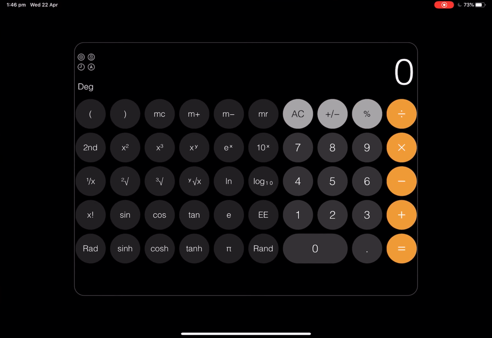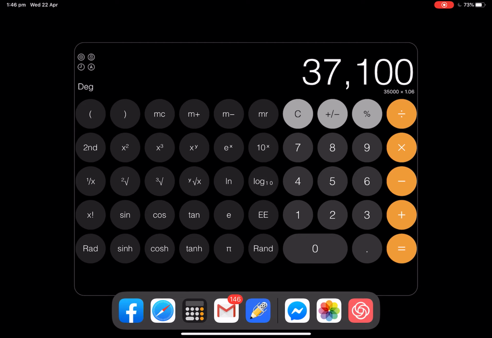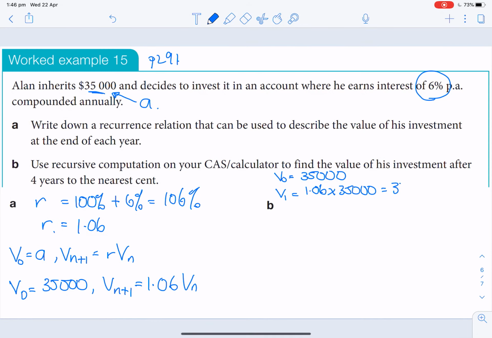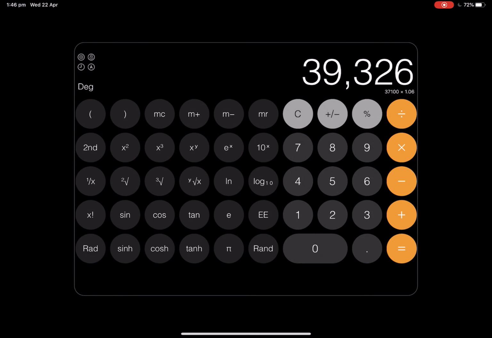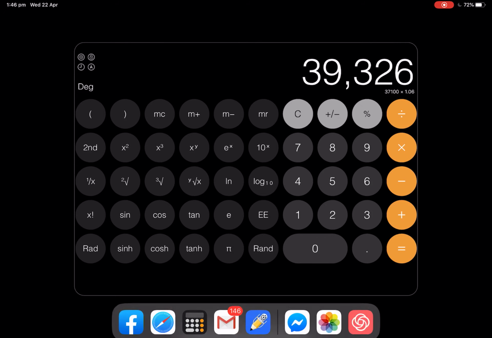Let's see if it works on this. 35,000 times 1.06 equals 37,100. V of 2 equals 1.06 by 37,100. Oops, wrong one. Haha, it does work. 39,326.